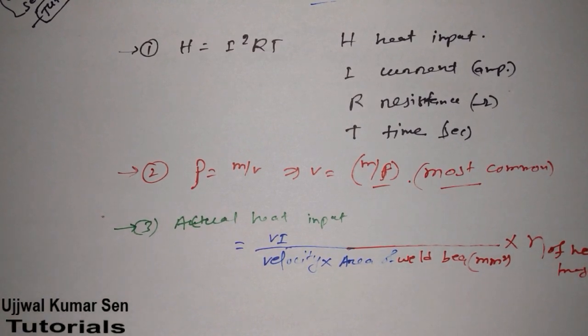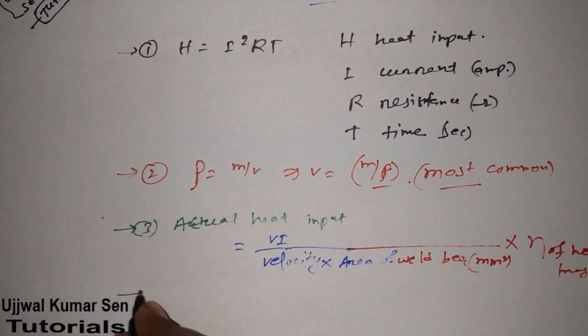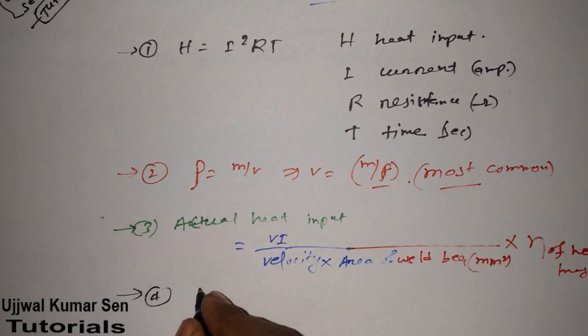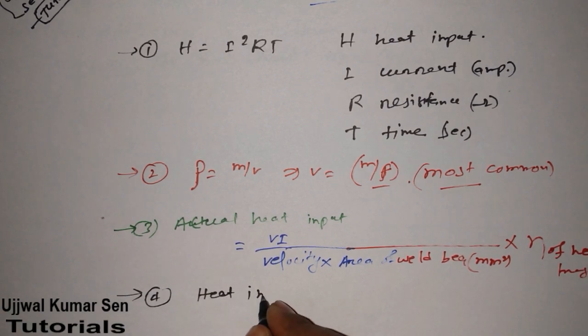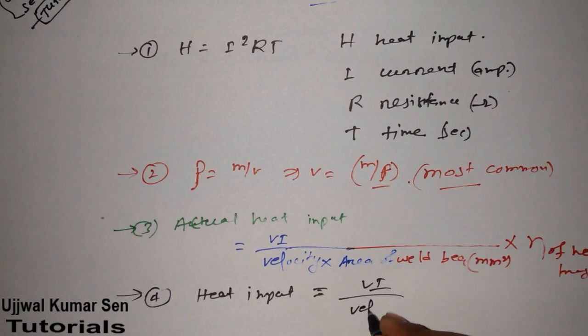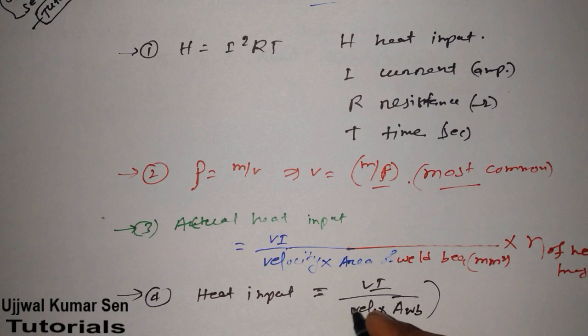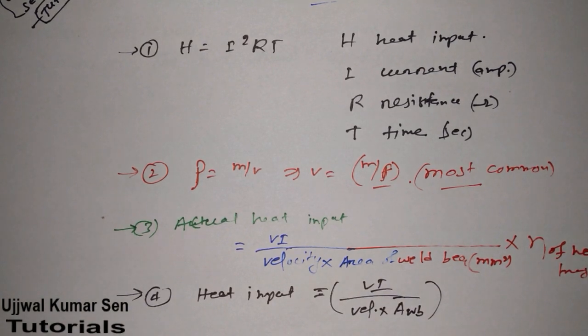This is the actual heat input. If I am talking about the fourth formula, heat input, then we just remove the efficiency, so it is Vi by velocity into area of weld bed. So this is all about the formulas, right?